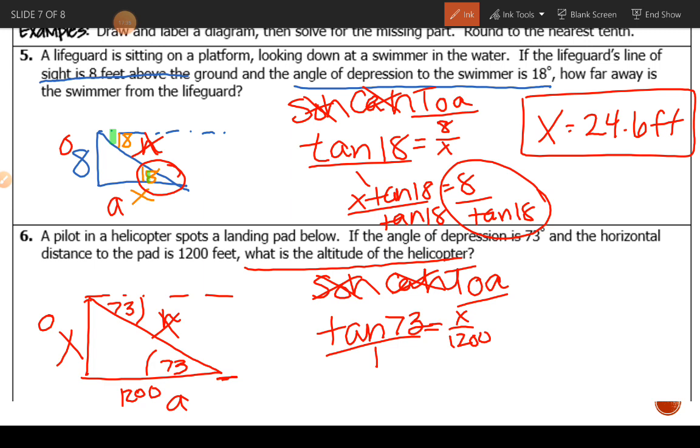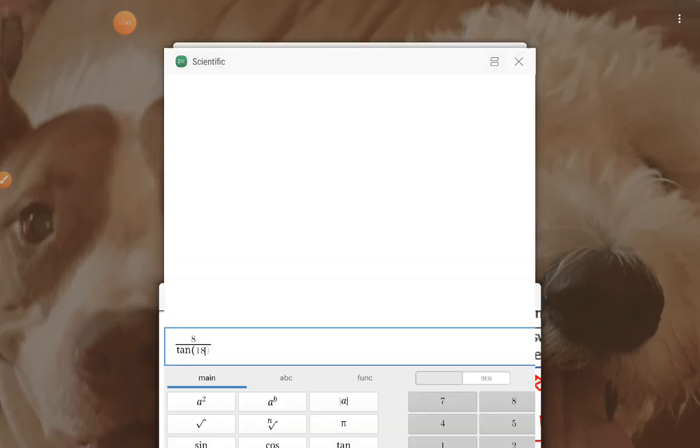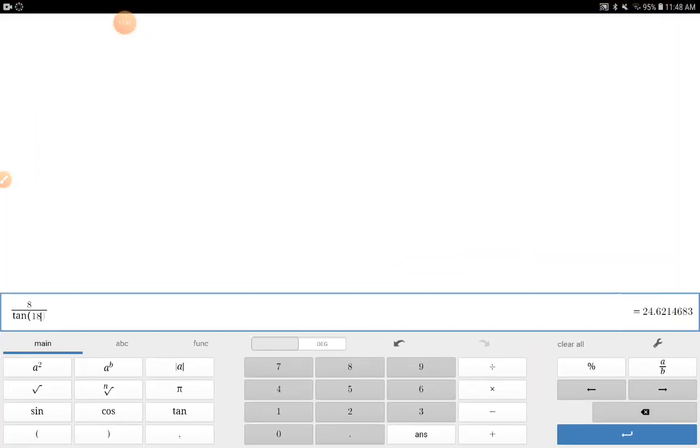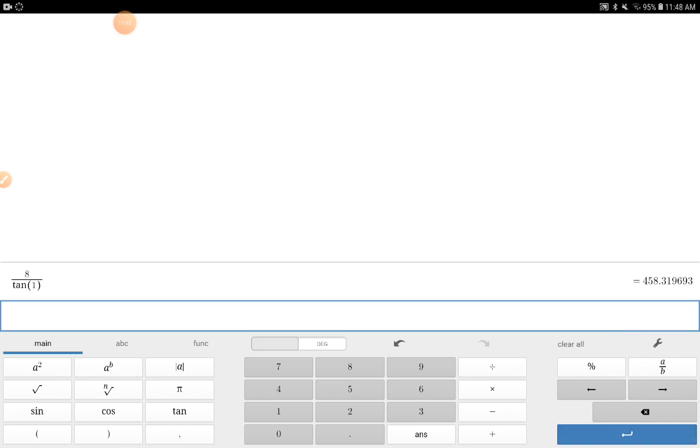Cross multiply. Okay, so we get x is going to be equal to 1,200 tangent of 73. We go ahead and put this in our calculator. Let's go do that. So we get 1,200 tangent of 73.